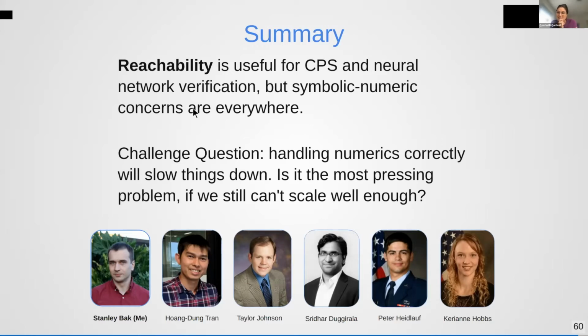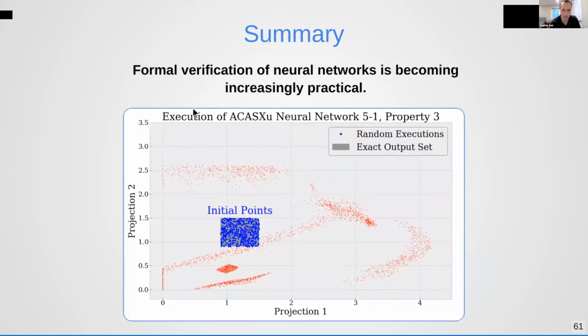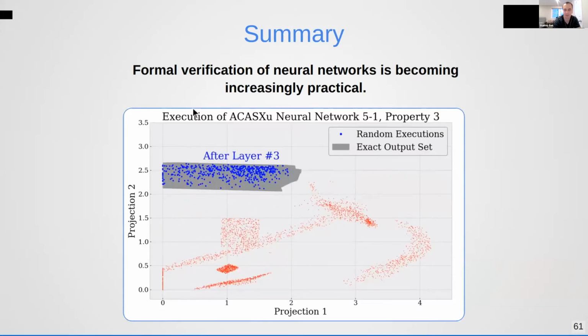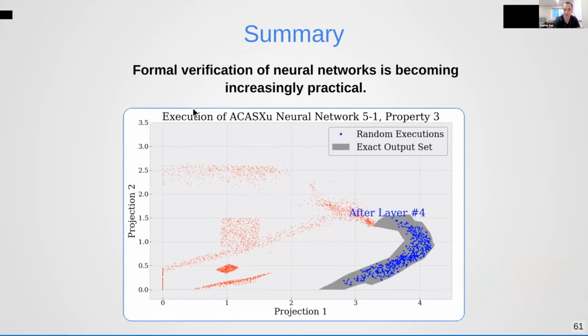Have you tried this? The issue I would see with double representations, I mean, one is the conversion issue, but even without the conversion issue, sometimes the number of points can grow to be very large, especially in high dimensions. I think there's an animation here. I don't know if it's going to play, but this is an execution of a neural network comparing random points in the initial set versus the exact output set computed using this AH polytope or star set representation.